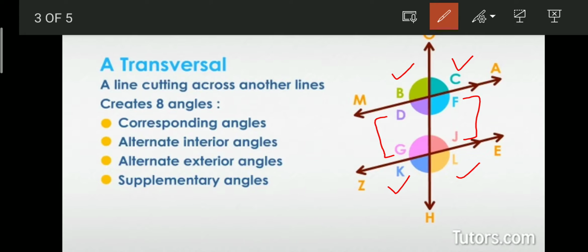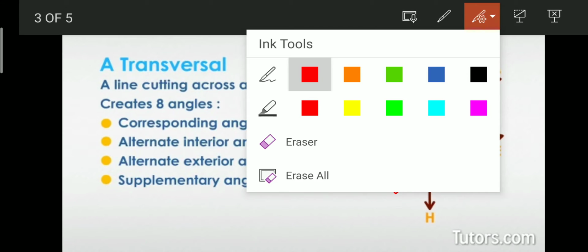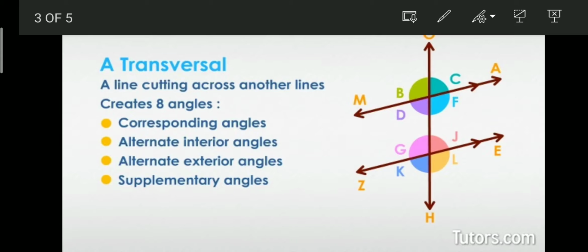Now if we talk about corresponding angles, first of all we have to take the angles of the same side. Same side means if we see the transversal line, we can see the left part of the transversal line and the right part of the transversal line.